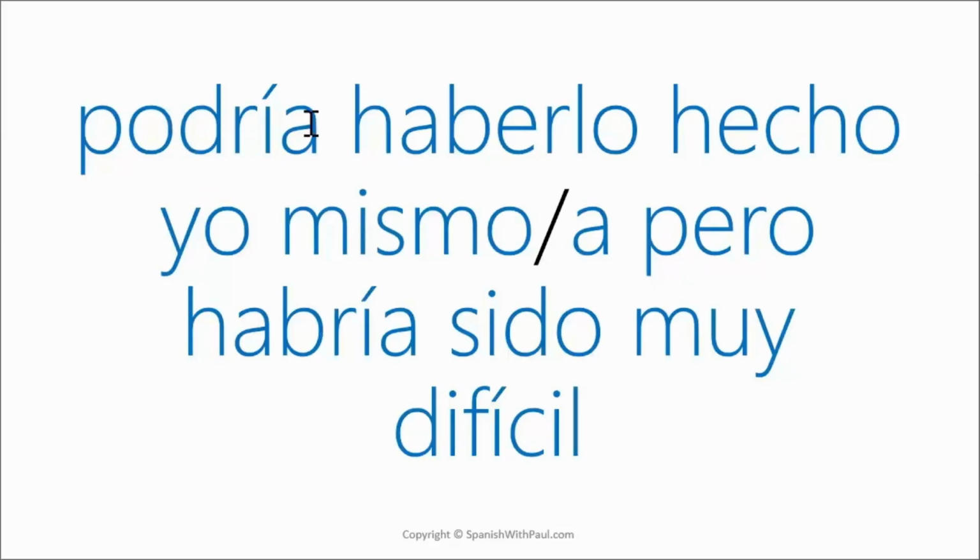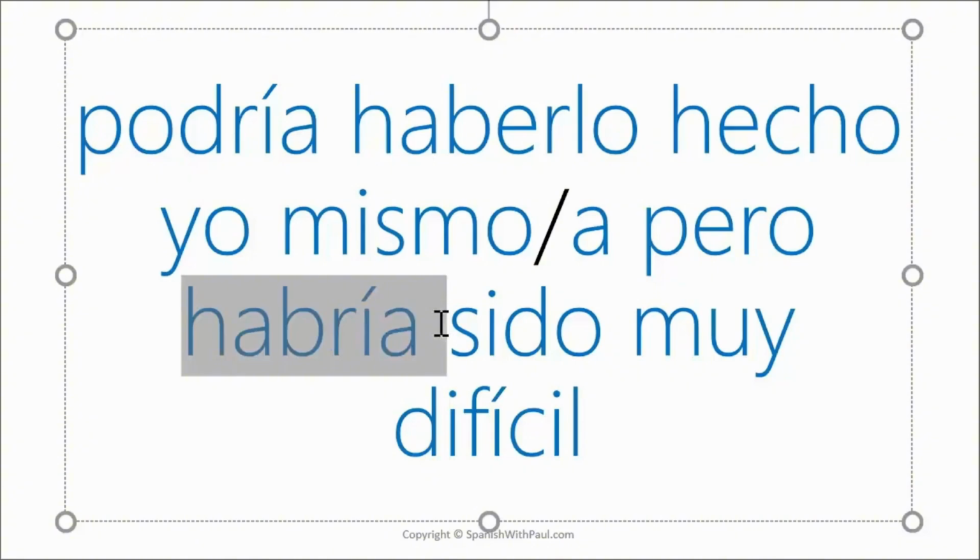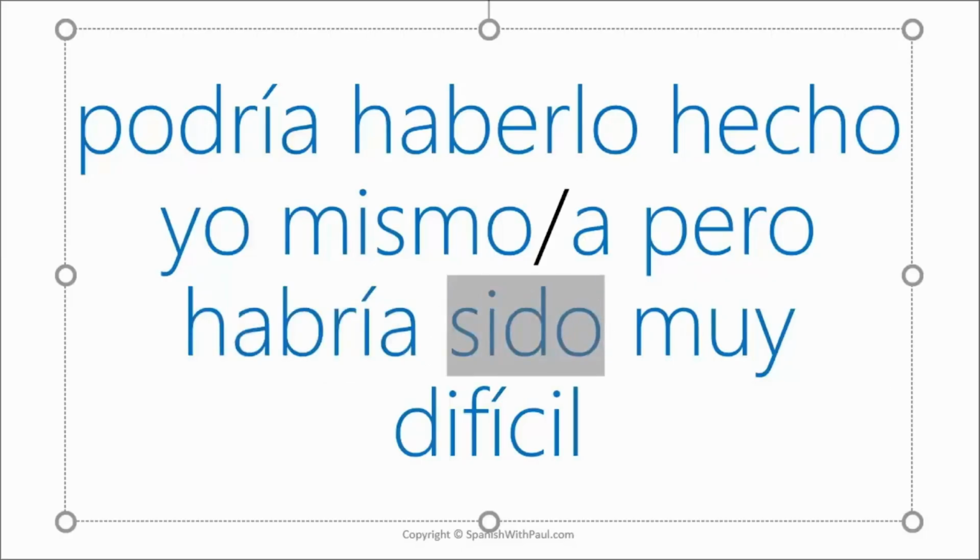So, I could have done it. Podría haberlo hecho. But it would have. So, habría. It would have is all contained within habría. Then been, we go on to the ser side because we would say es difícil. So we stay on that ser side, pero habría sido muy difícil.